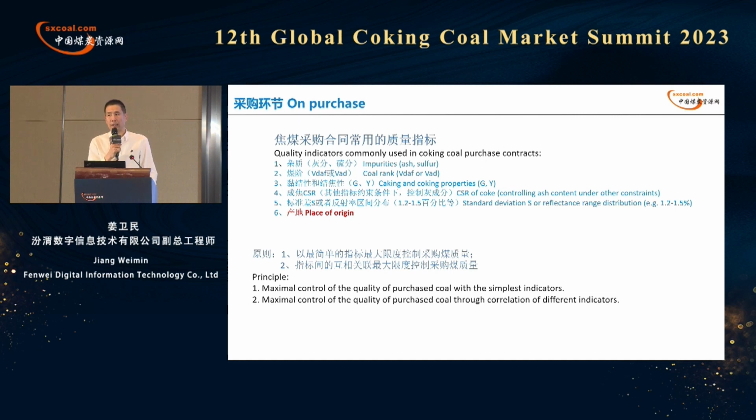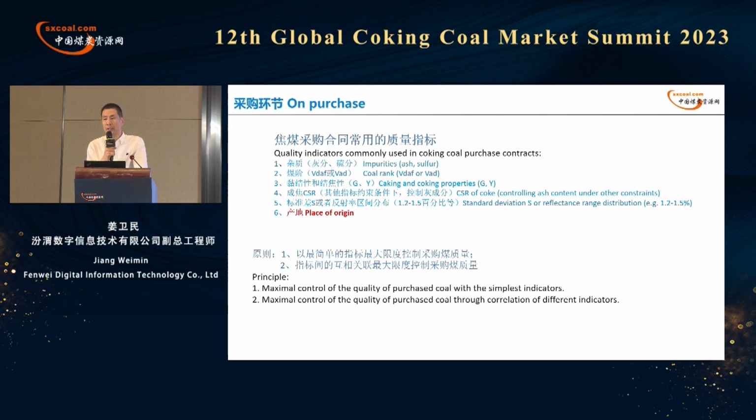Usually, here are some of the indicators that are commonly used in a coking coal purchase contract. When there is an undersupply, we believe that the efficiency of purchasing is more important. If the quality control system is too complex, it will impact the efficiency of purchasing.